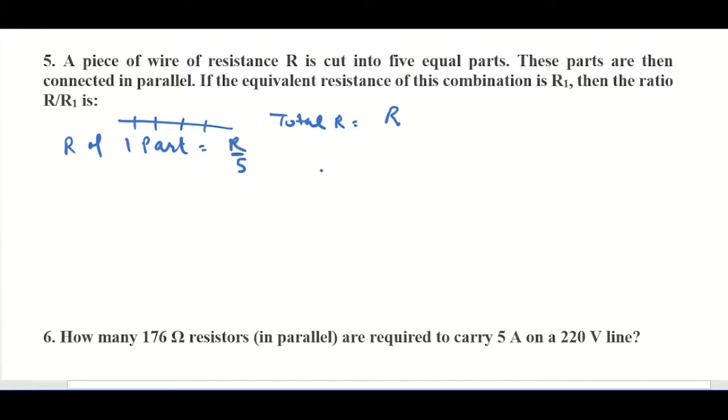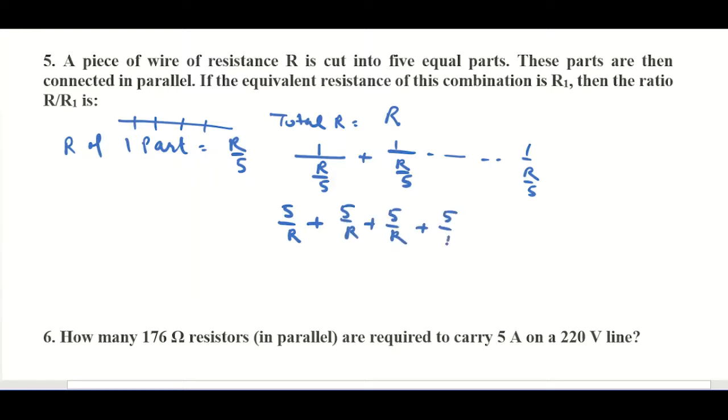All connected in parallel. It means 1/(R/5), 1/(R/5), connected like this up to 5. So it becomes 5/R plus 5/R plus 5/R plus 5/R plus 5/R.